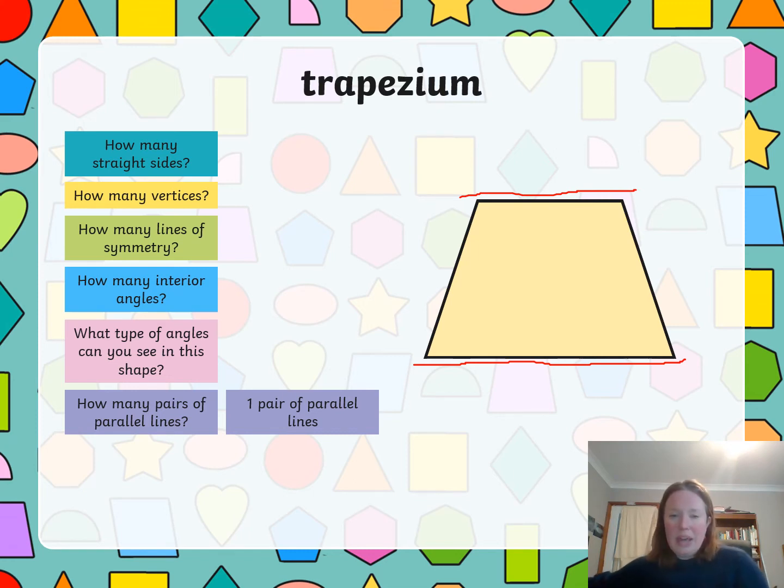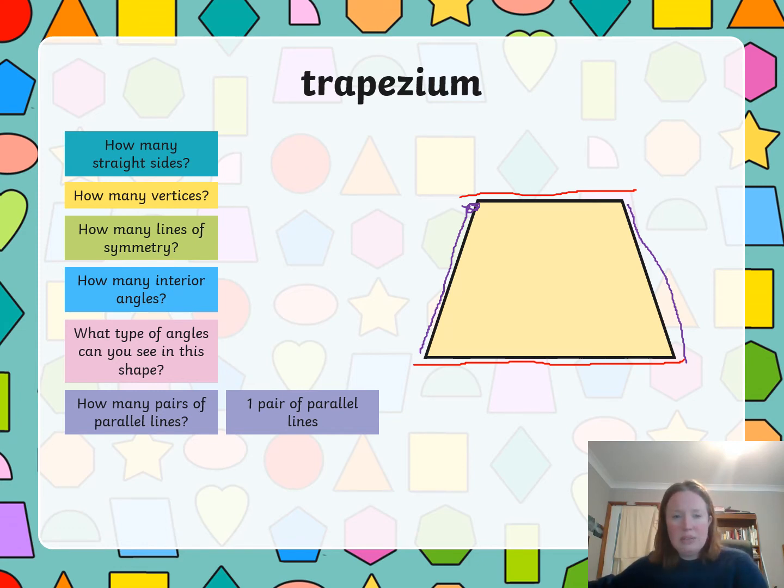Now, if we look at the purple, that is not a parallel line because actually the part at the top goes in compared to the part at the bottom. See, they're not actually looking like train tracks. They're looking a little bit more sloped, like the roof of a house. So that one is not a parallel line. Just be careful when you're identifying shapes later and whether you have parallel lines or not.